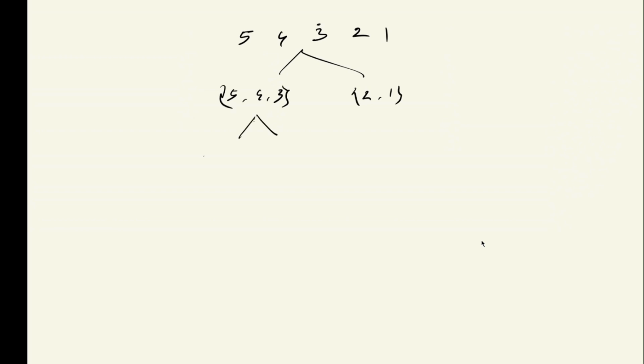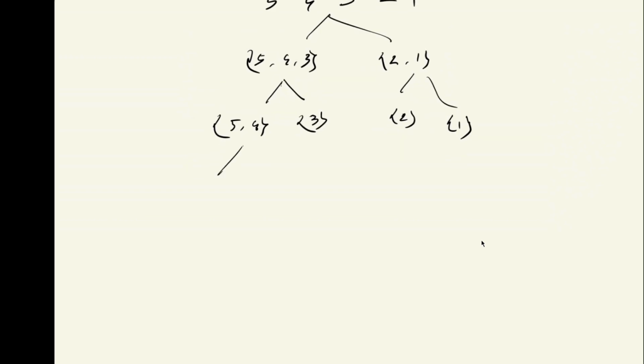So in merge sort, let's say we have an array like 5, 4, 3, 2 and 1, and we divide it like this: 5, 4 and 3, 2, 1. In the next step, we divide it like 5 and 4 and 3, and here we get 2 and 1.